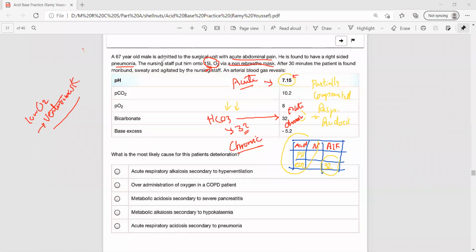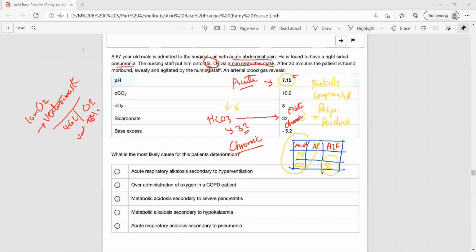This is a controlled mask. We give 4 to 6 liters of O2, I can't give him more than this. Maybe I can make the Venturi mask up to 28%.